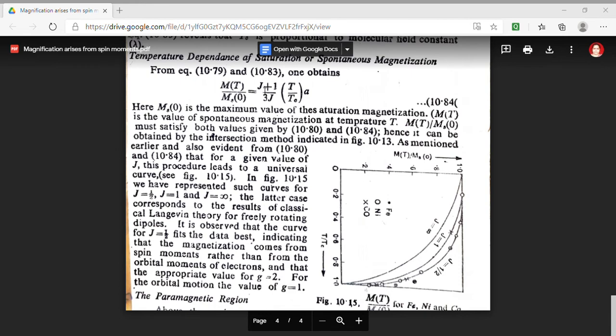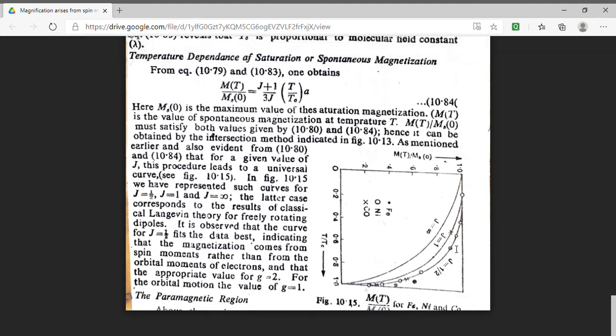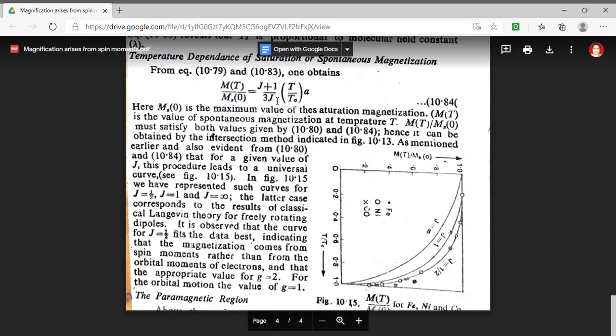First of all, I am finding the curve for J equal to half. This is the curve for J equal to half obtained by this expression. On the x-axis we have T by Tc and on the y-axis we have M upon Ms0.